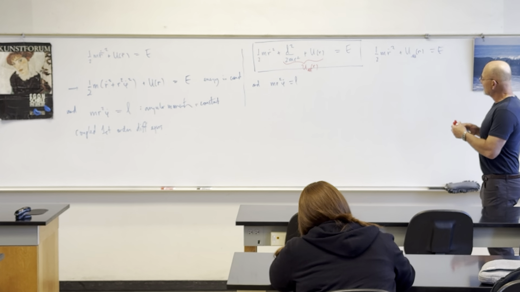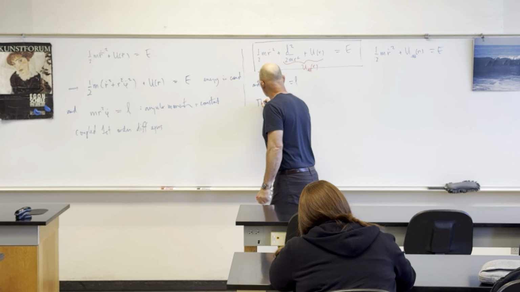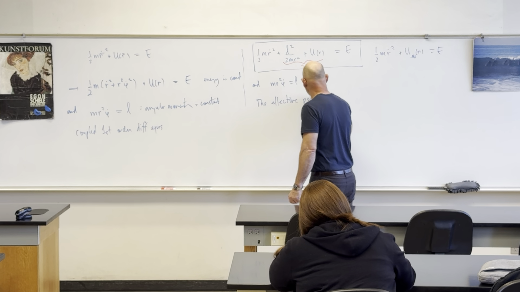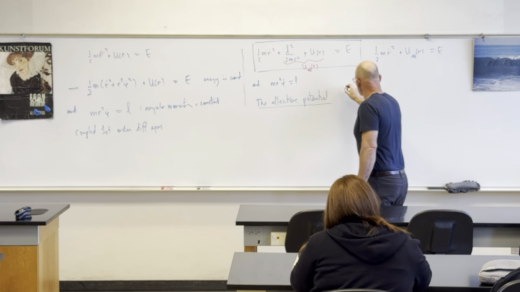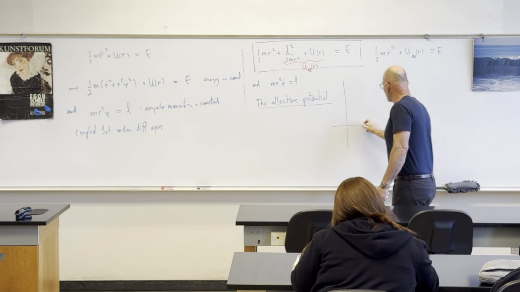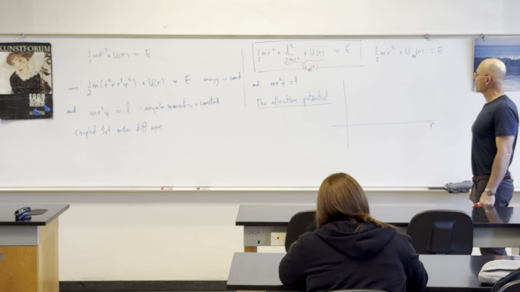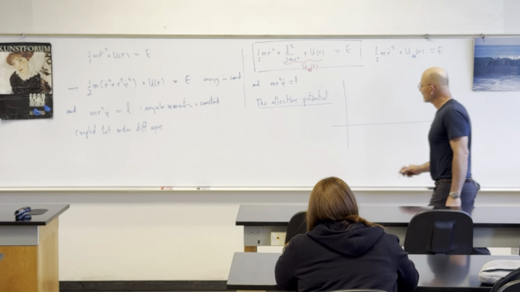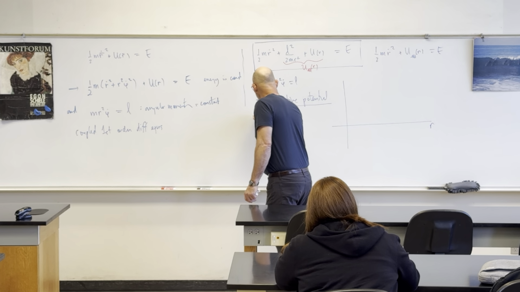So let's look at an effective potential and graph it, and see how far we can get. Only defined for positive R. And we'll immediately look at Newton gravity.